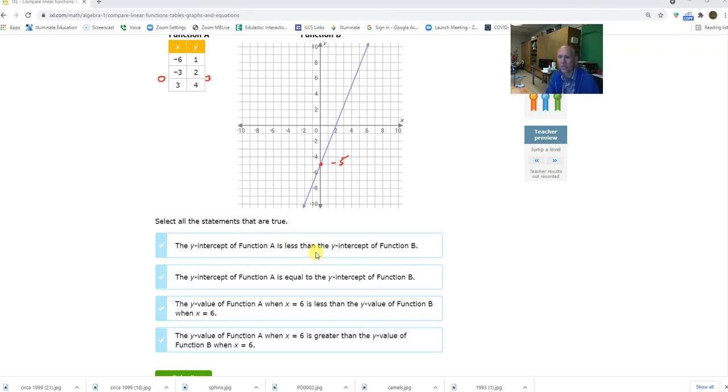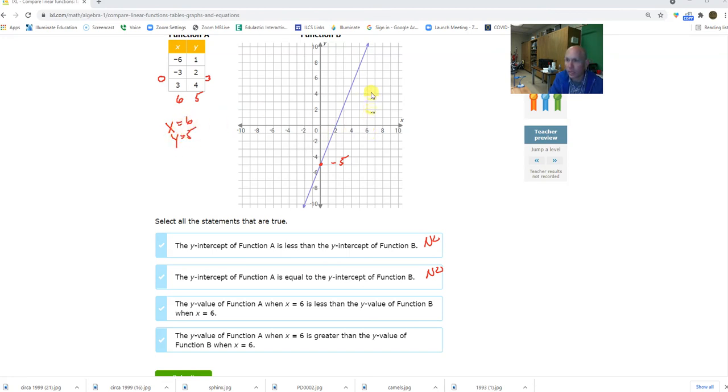The y-intercept of A is less than B? No. No. Also here, the y-intercept of A is equal to? No. The y value of function A when x is 6, keep this thing going, 0 to 3, 6, 5. Okay, when x is 6, y equals 5.